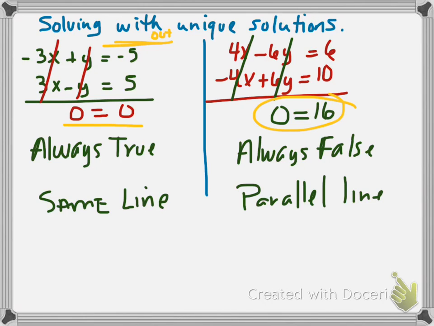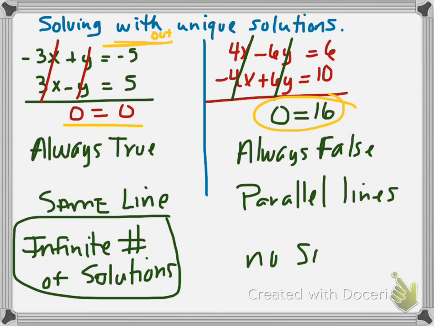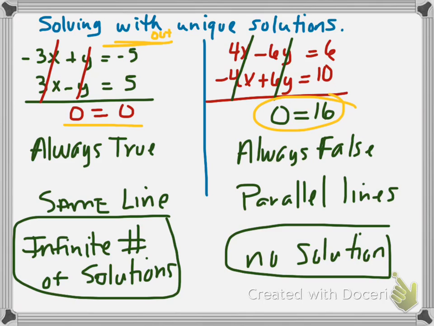Parallel lines would mean that there is no solution. So, two different cases. One, that's true, infinitely many solutions. 0 is equal to 16, always false, those right there have no solutions.